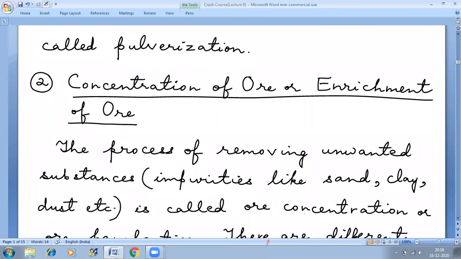All those will be impurities present. So the second process after pulverization is concentration of the ore or enrichment of the ore. Concentration is nothing but removal of impurities from the ore powder. Whatever impurities are present need to be removed. What type of impurities? Impurities like sand, clay, dust.